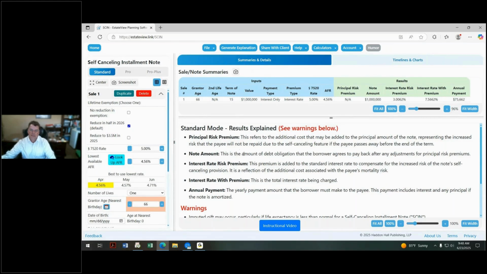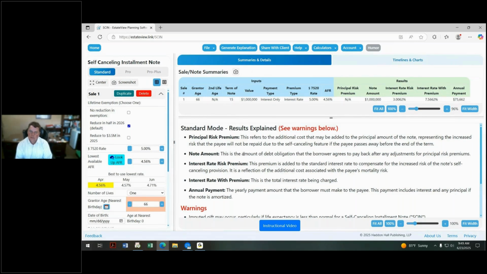The principal risk premium means that if we're selling $1 million worth of assets, we could use the more common, more normal interest rate. But we have to mark up that $1 million worth of assets and say, let's say the principal amount owed would be $1.2 million. So it's $1,200,000. Again, that's the principal risk premium.